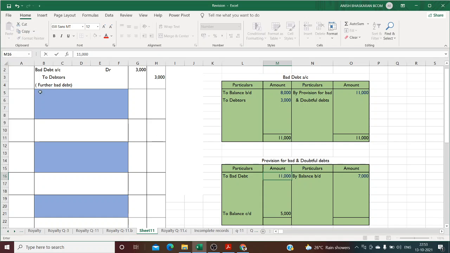Hence, entry will be provision for bad and doubtful debts account debtor to bad debts. Amount will be 11,000.